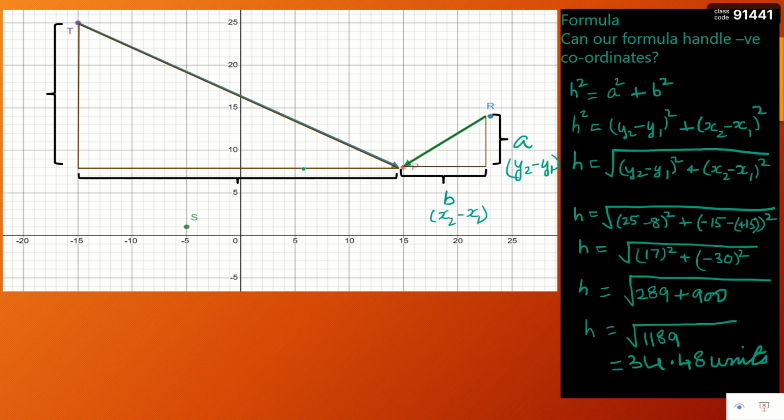No matter what our signs are, as long as we stick to the integer forms carefully, we will get the correct distance. So 30 units was the correct distance, and once we square that distance, whether it is a negative sign or a positive sign, it doesn't matter, because it will get converted to a positive sign, and in the end our distance will have a positive value.